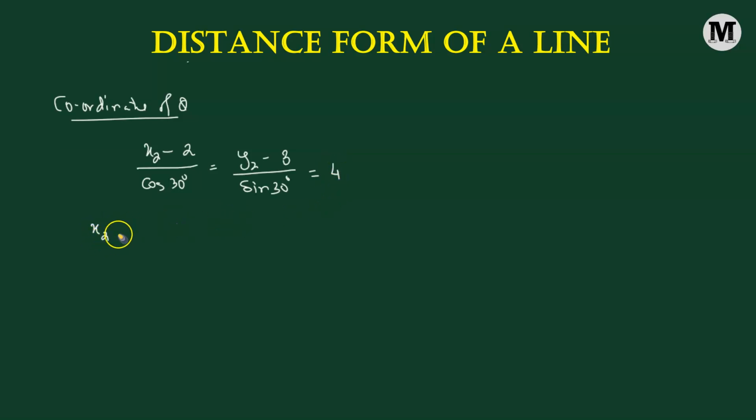This gives us x2 equals 2 added to 4 times cosine 30 degrees, and y2 equals 3 added to 4 times sine 30 degrees.